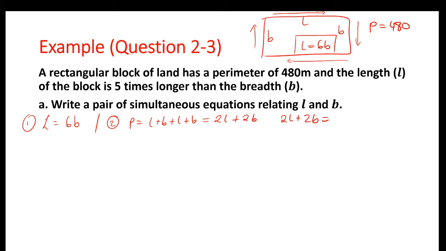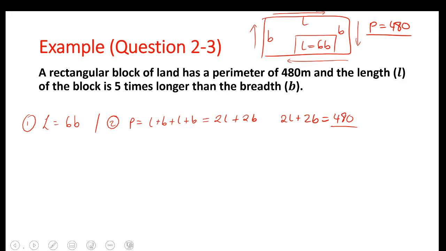And we know what the perimeter is, from up here it is 480 meters. So I can put 480 in there. So whatever this expression is, it is equal to 480. So there's my two equations. L is equal to 6B, and 2L plus 2B is equal to 480.